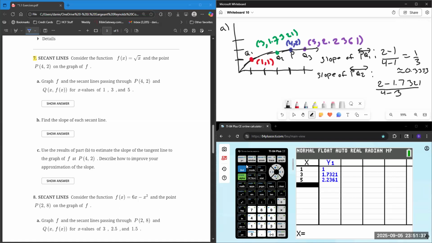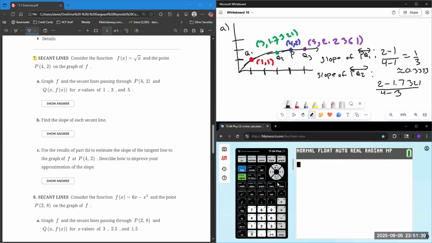So go back out to my home screen here, and this is 2 minus 1.7321, and it's going to be divided by 1, so this is approximately 0.2679.